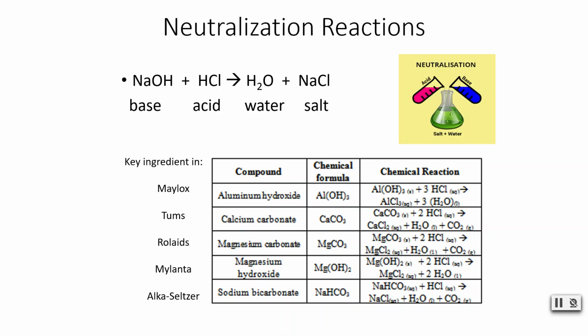So we take our antacids, which are going to be slightly basic. All that stomach acid that was giving us a problem, we're going to add that base, so we're going to turn it into water and salts. We're going to neutralize it, so we won't be uncomfortable anymore.